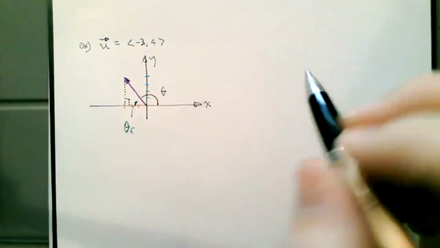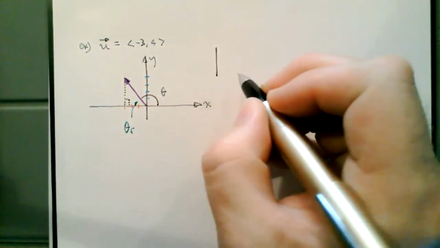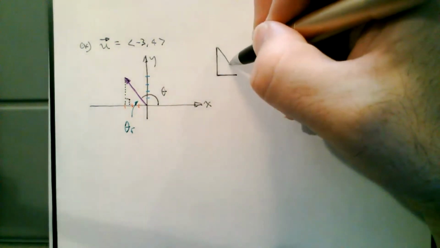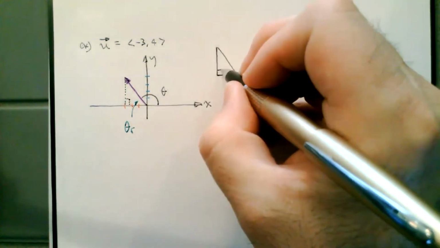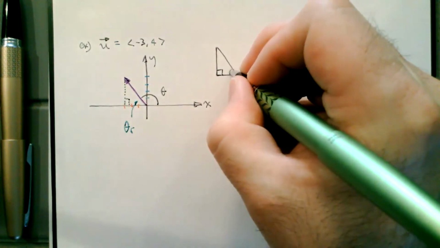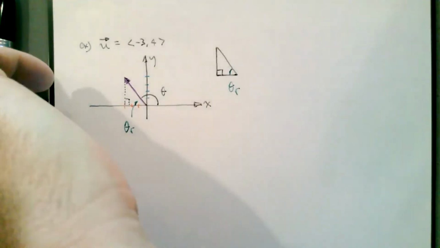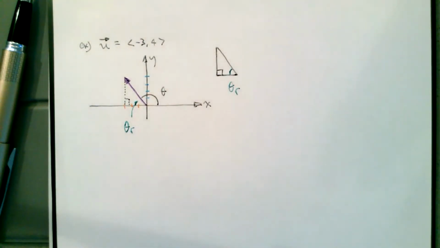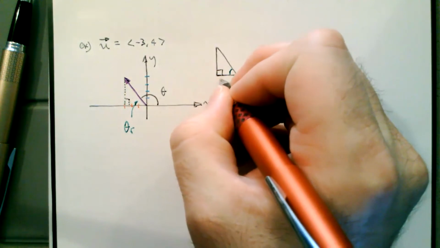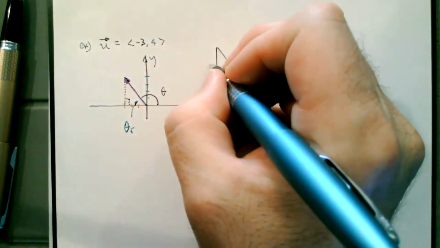So if we pull out this triangle, we're looking for this angle, which will be the reference angle. Since the components of u are 3 and 4, the side adjacent to the reference angle is 3, and the side opposite is 4.